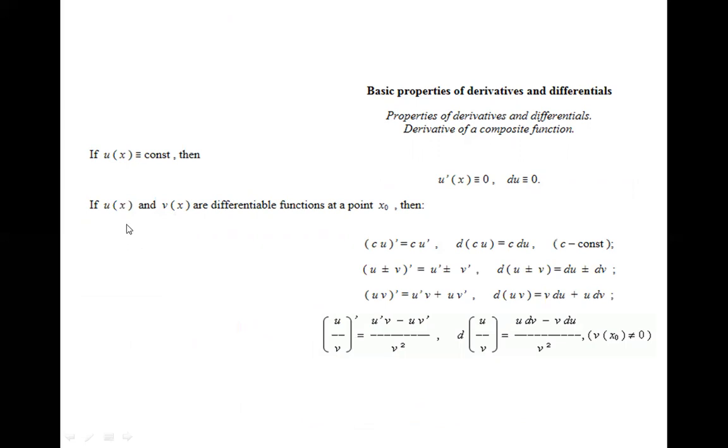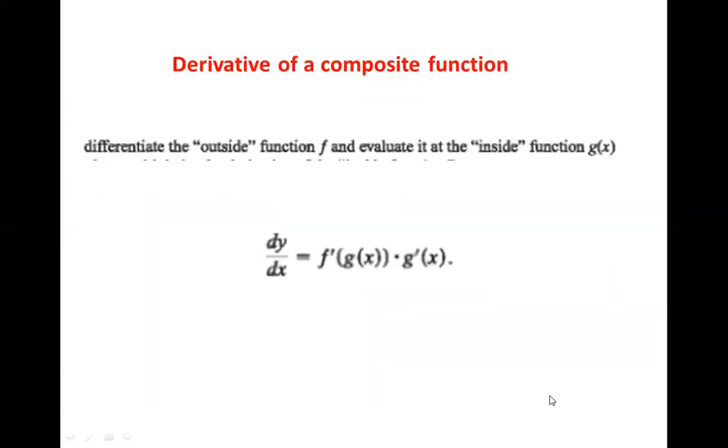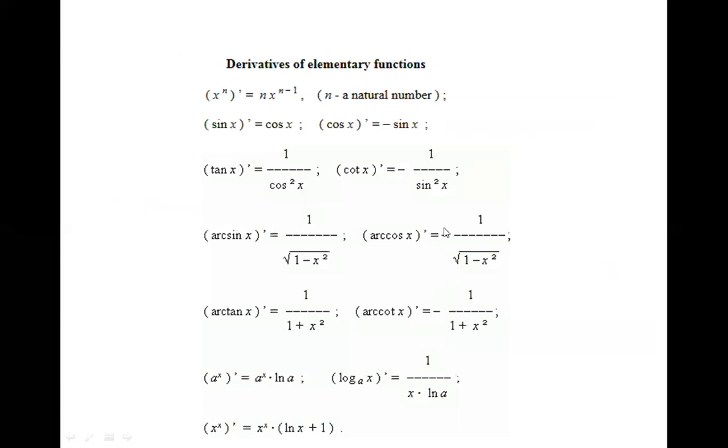If u and v are differentiable functions at the point x0, then they satisfy the conditions. Derivative of a composite function: differentiate the outside function f and evaluate it at the inside function g. Derivatives of elementary functions.